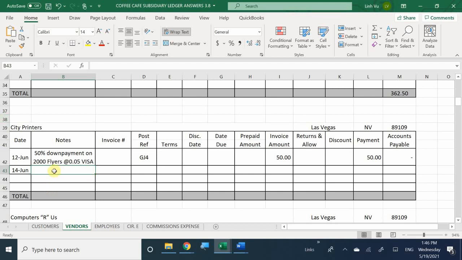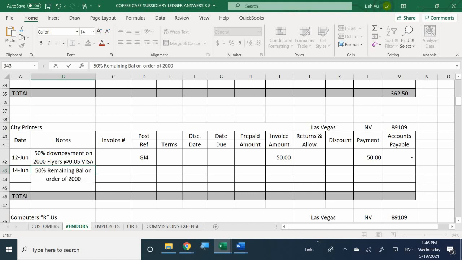This time I'm going to say 50% remaining balance on order of 2,000 flyers, and I paid with the Visa credit card.